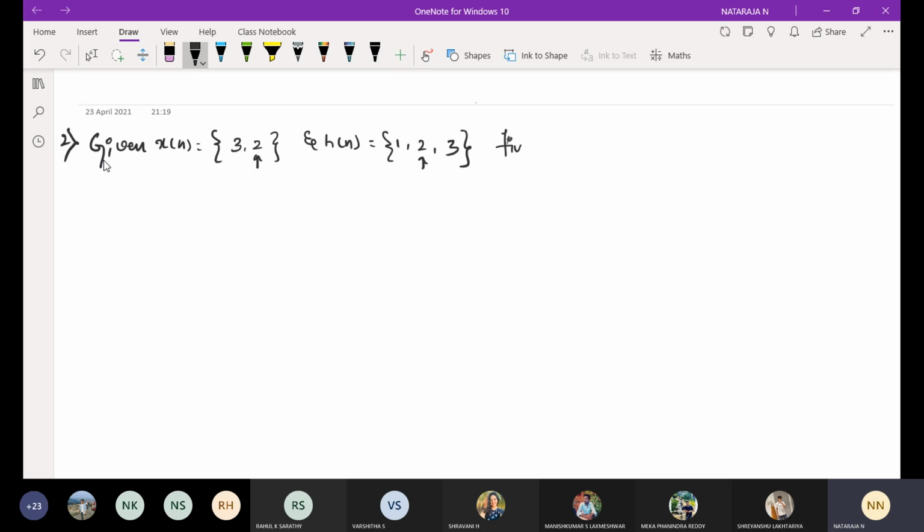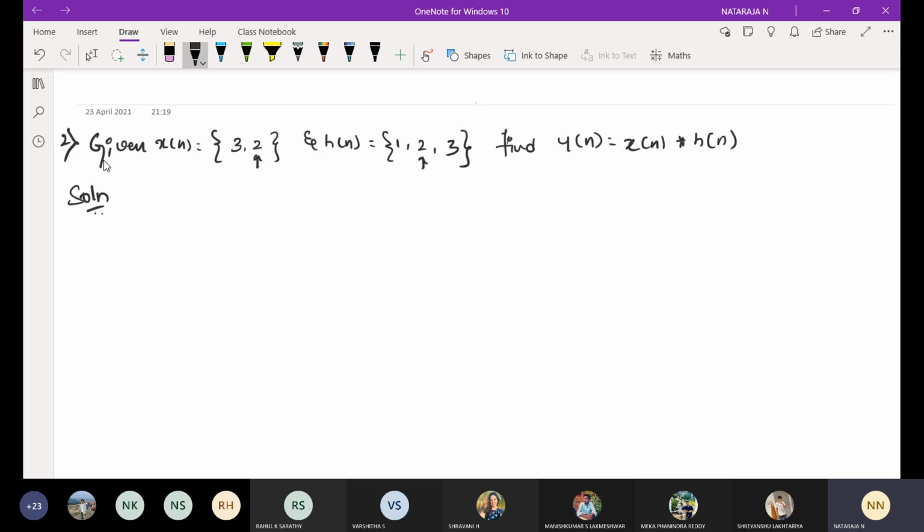Find y of n is equal to x of n convolved with h of n. Okay, we need to find the convolution for y of n. Here we'll come to the solution.